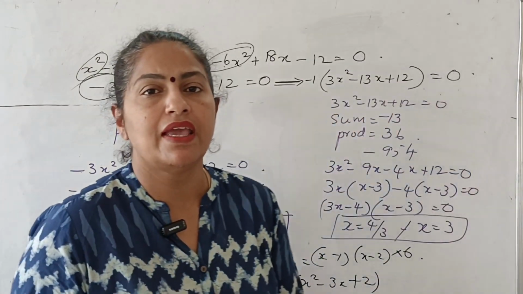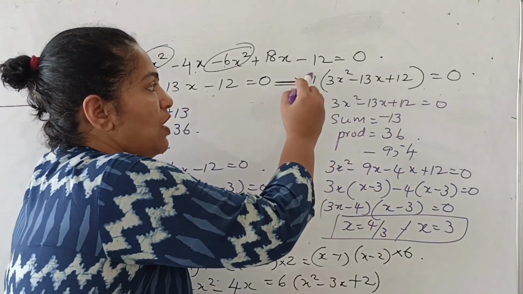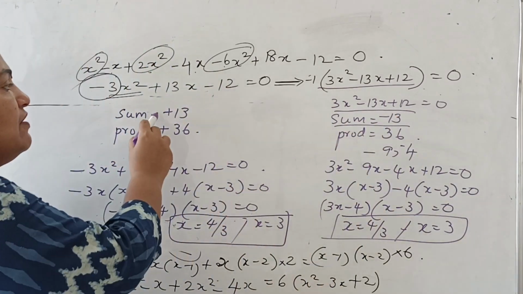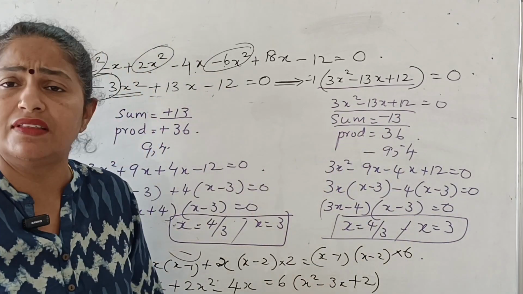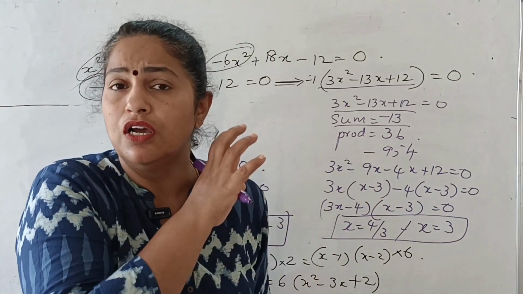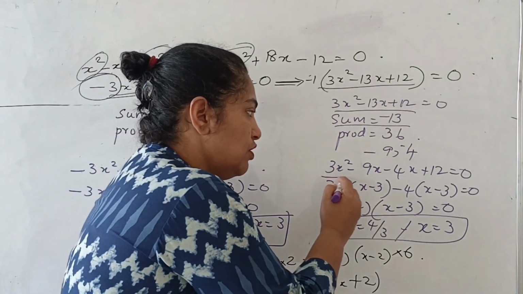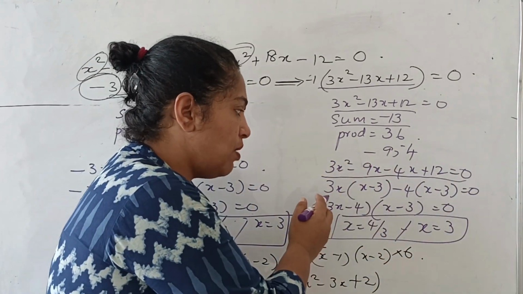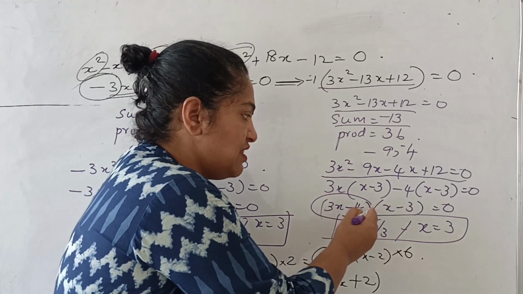In the second case, minus 1 I have taken outside and this is my equation. The sum is minus 13 instead of plus 13, but the product is 36. So here I get the numbers as minus 9 and minus 4. Not to worry at all. Follow the method, split up the middle term using those numbers, take out the common factor. You can see that there is a change in the factor.